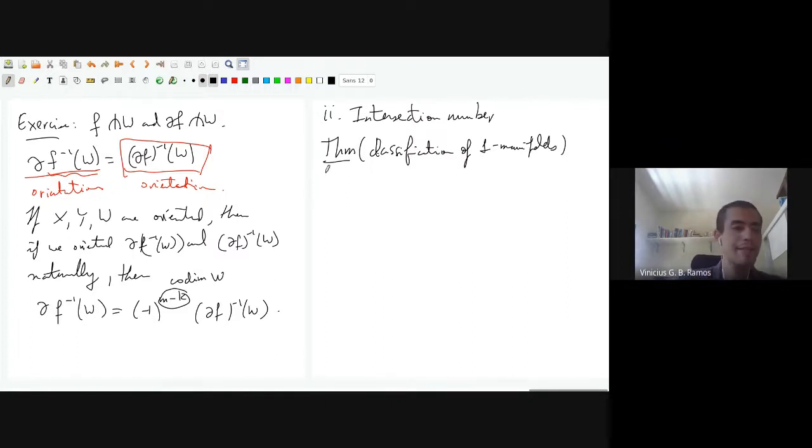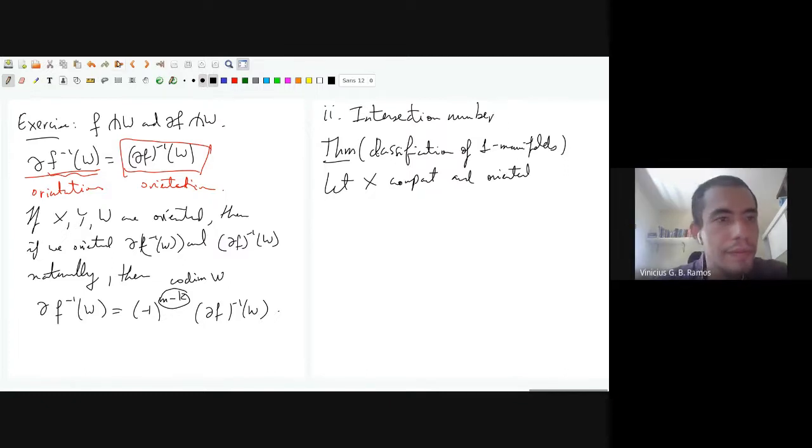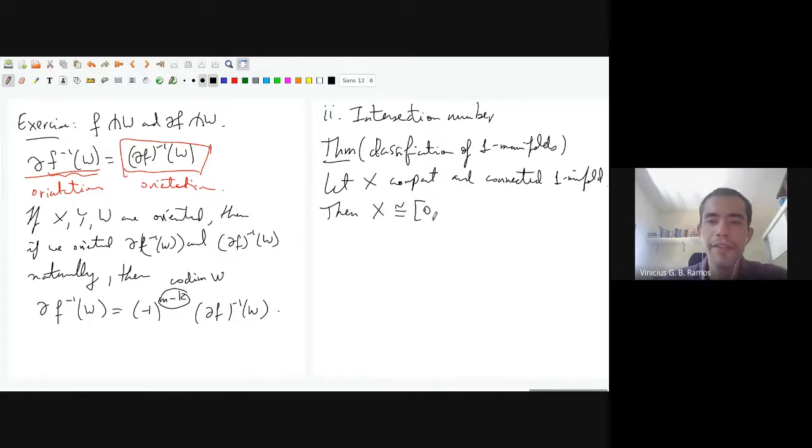The theorem says that if X is a compact, oriented, and connected one-manifold, then X is diffeomorphic to either the interval [0, 1], or it's diffeomorphic to S^1.